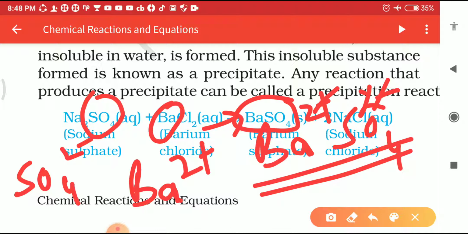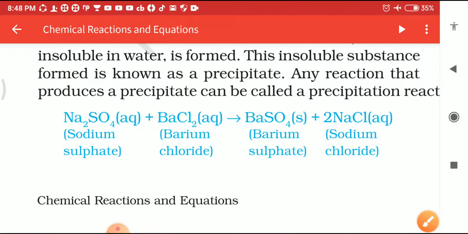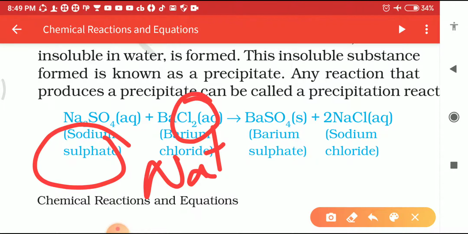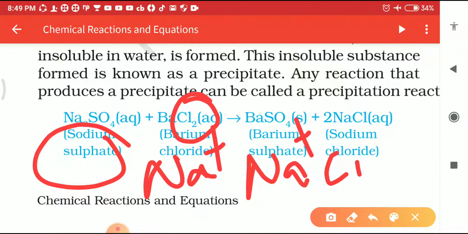Now see the other thing. What is left here? Sodium. The sodium ions of the sodium sulfate, Na positive, react with the chlorine of the barium chloride, Cl negative.